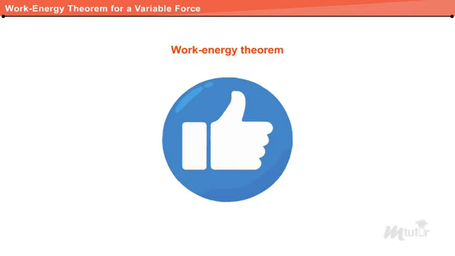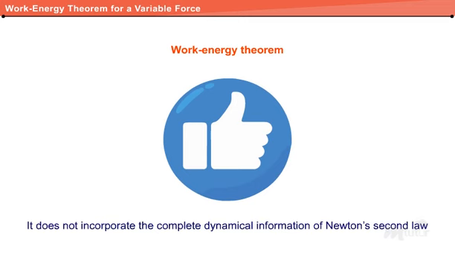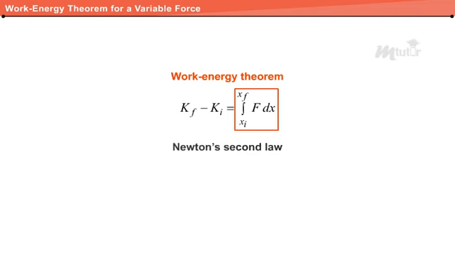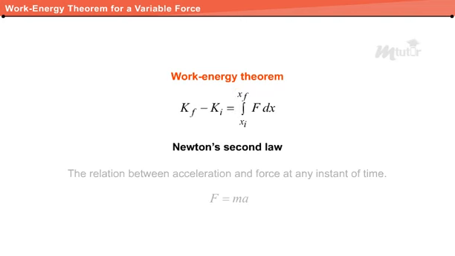While the work-energy theorem is helpful in a variety of problems, it does not, in general, incorporate the complete dynamical information of Newton's second law. It is an integral form of Newton's second law, and this law is a relation between acceleration and force at any instant of time.